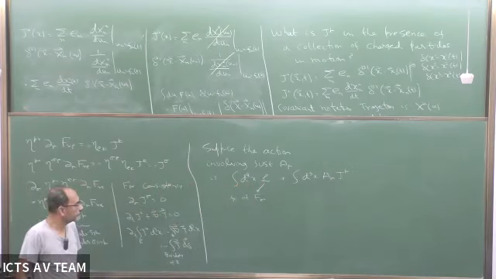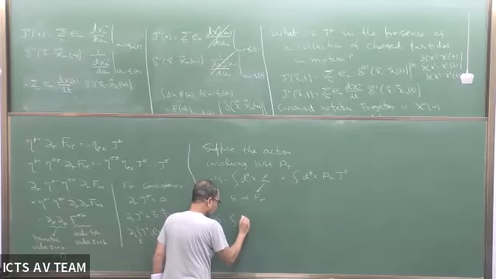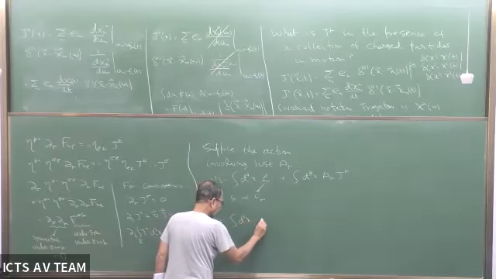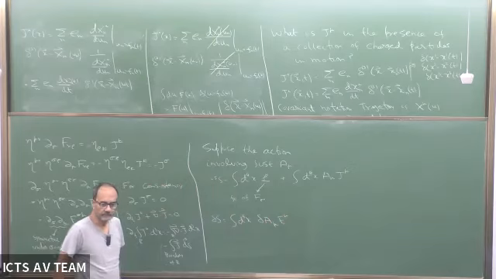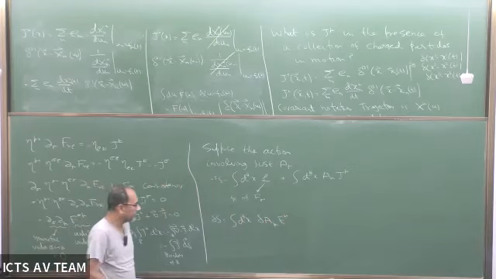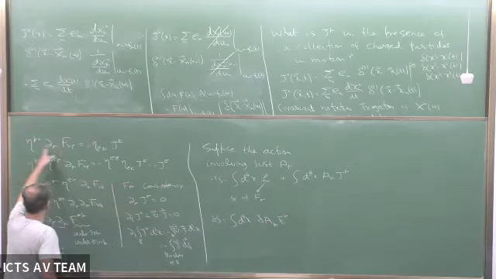So let's look at the equation of motion, how we derive it. We say delta S. The first term we write as the integral d4x, delta A mu times something. This something is what is appearing here.